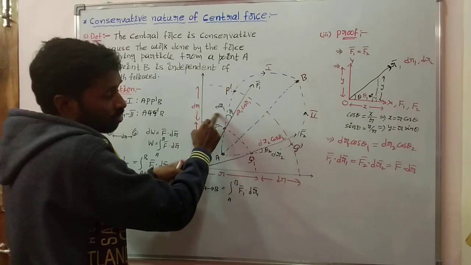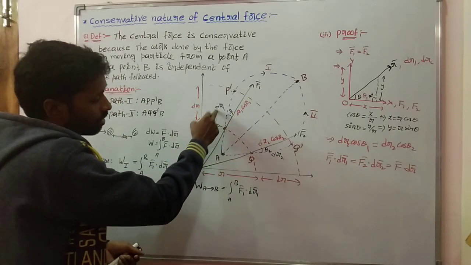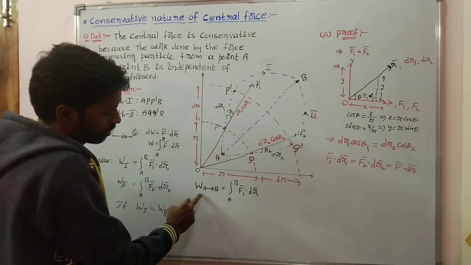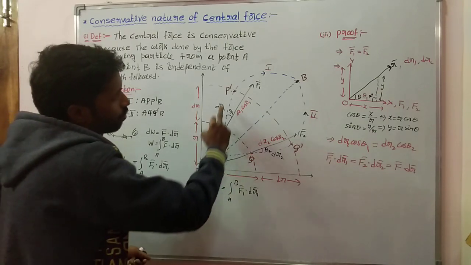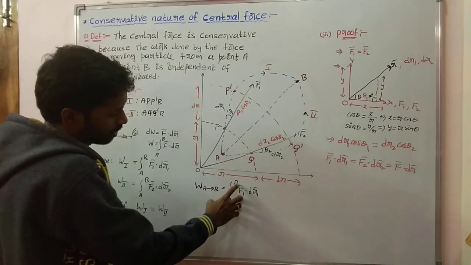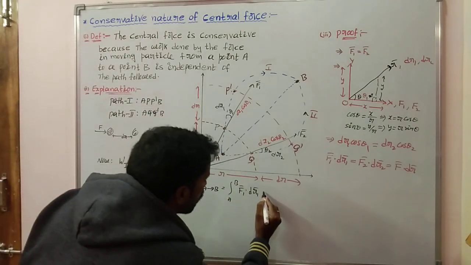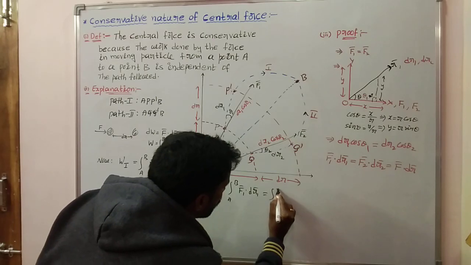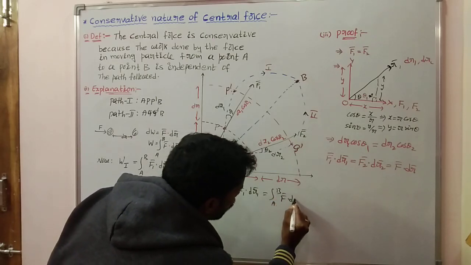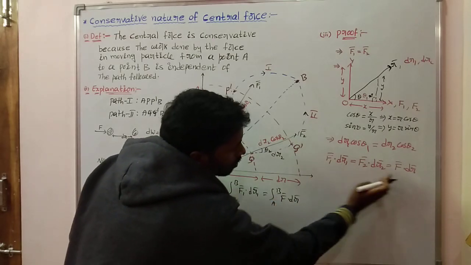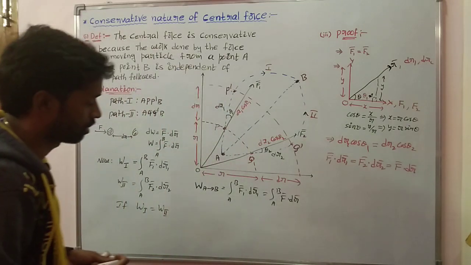It will be displaced. How much distance will it be displaced? dr1 distance. Then the work done along path 1 from A to B equals integral A to B F1 bar dot dr1 bar, which is equal to integral A to B F bar dot dr bar.